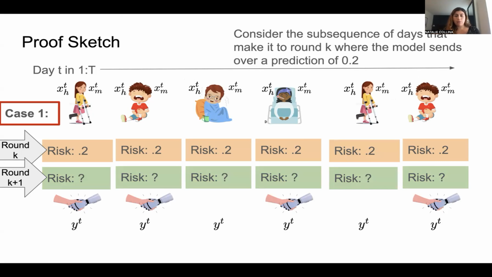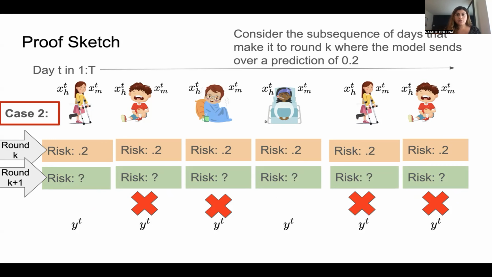That's good, right? What we're trying to show is that agreement happens quickly. If every time we go to the next round we divide by 2 the number of disagreement rounds, then that's nice. We have a log distance of disagreement. That's perfect. Case 2 is that's not true, and in fact, in more than half of those rounds, there is disagreement in round K plus 1.